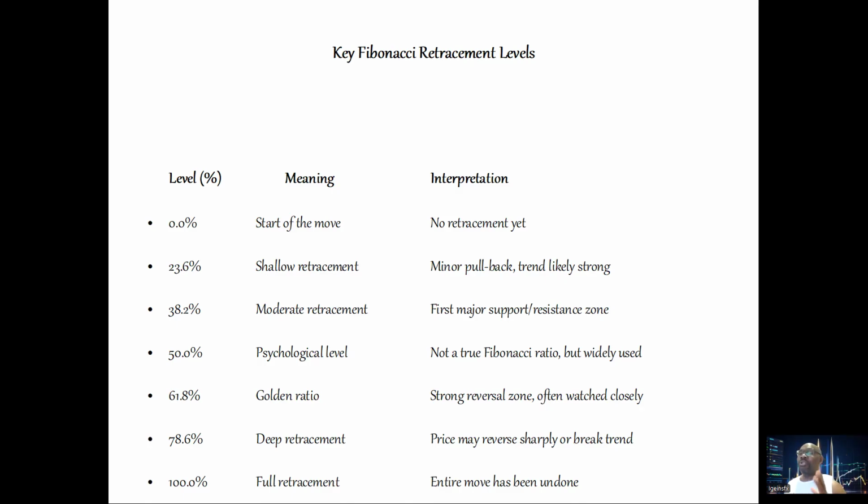So they are pushing the price. Even at this 0.0%, if you see price pulling back to 23.6%, it is just a shallow retracement at that point. All right. The interpretation is that it's a minor pullback, and the trend is likely to be strong.